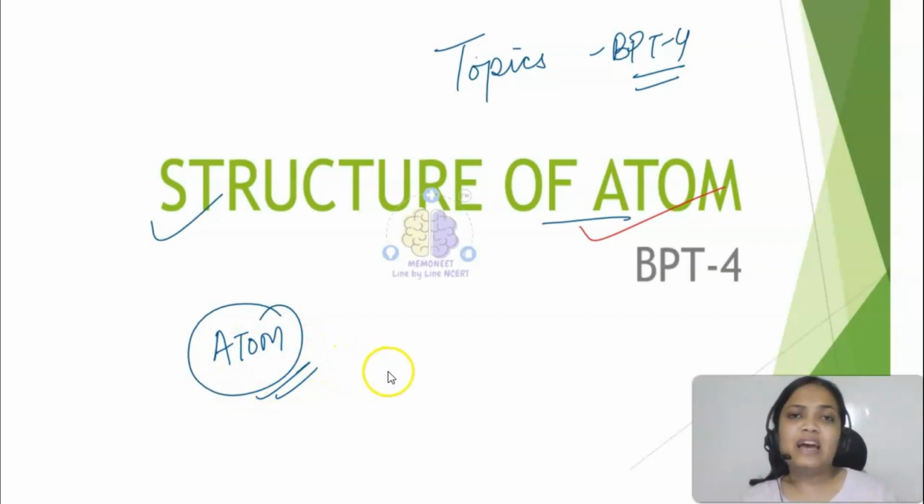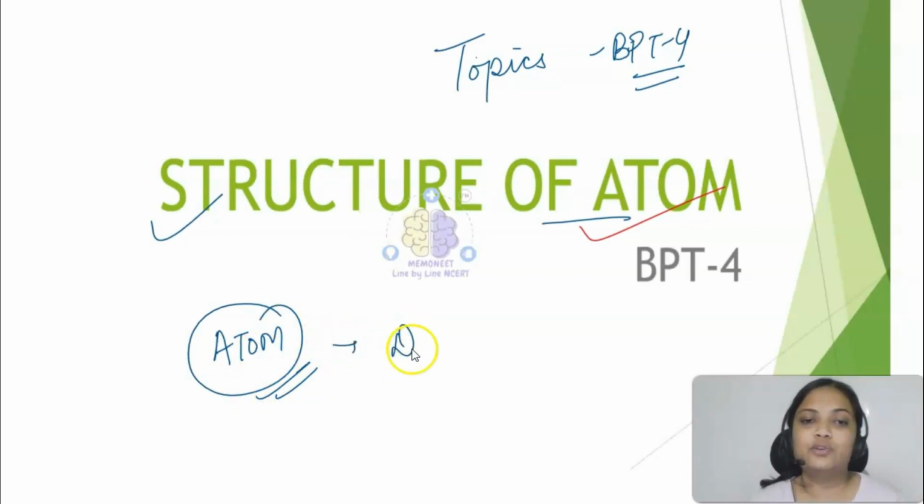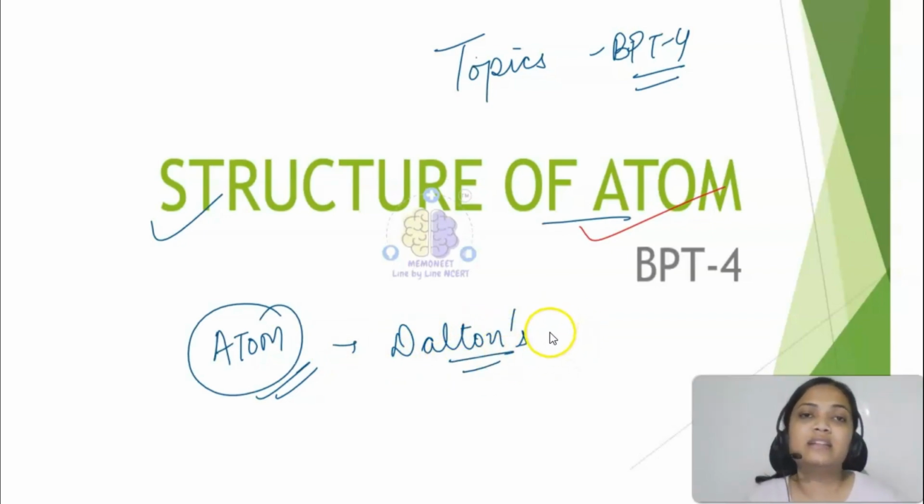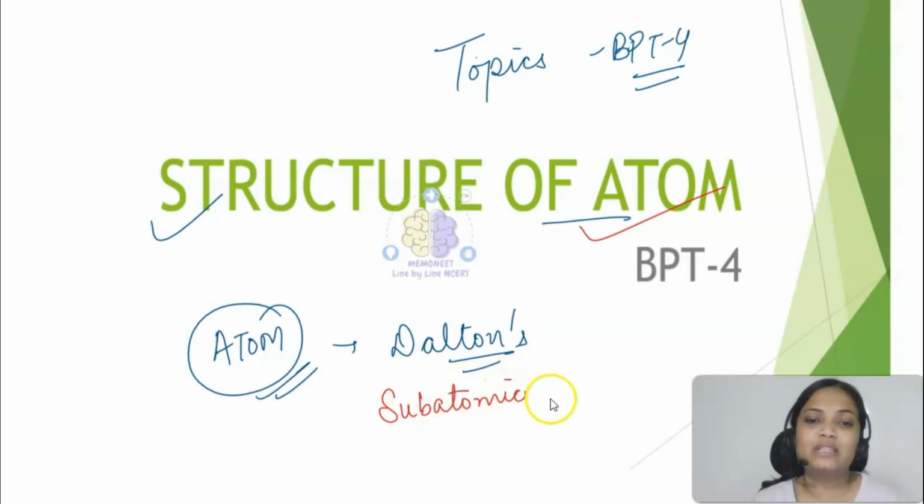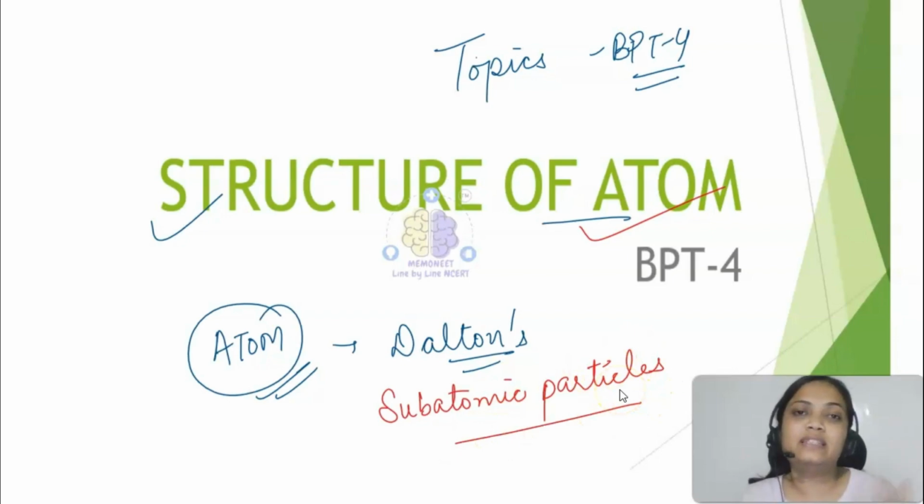We studied in some basic concepts of chemistry that in Dalton's atomic model, Dalton explained a little bit about the structure of atom, but his postulates were proven to be wrong when there was the discovery of subatomic particles, because he said that the atom is indivisible. But later on, when scientists discovered the subatomic particles, these postulates went wrong.